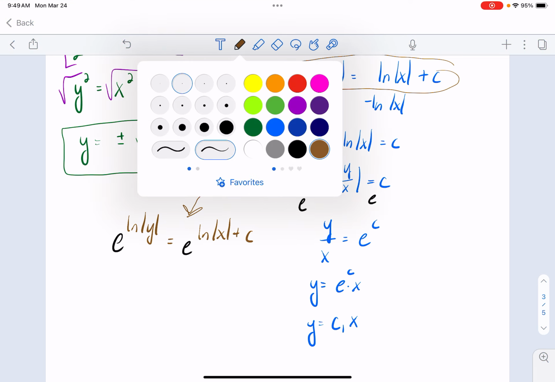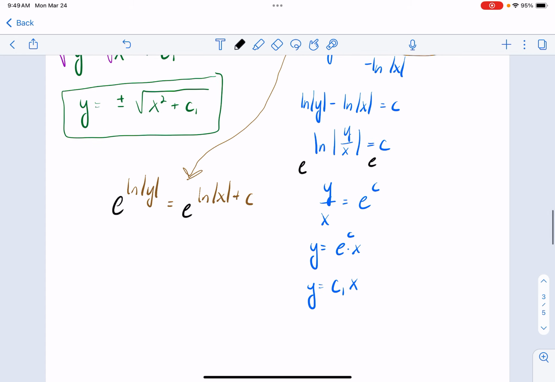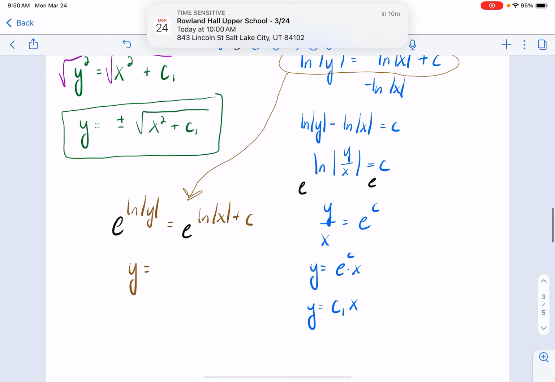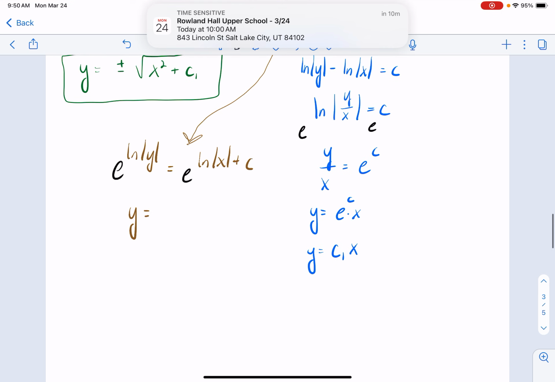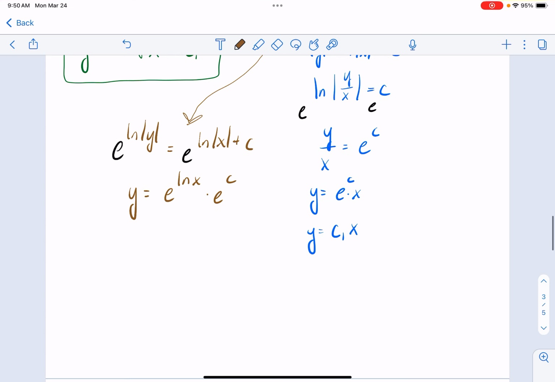And again, we know that e to any power is going to be positive, so we can actually get rid of that absolute value. So this becomes y equals e to the natural log of x times e to the c, for that same reason I explained above, that this can be simplified into a product using our exponent rules. e to the natural log of x, well, we know that's just equal to x, and e to the c is another constant.